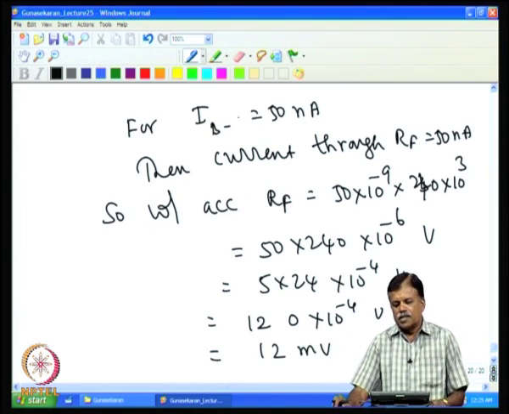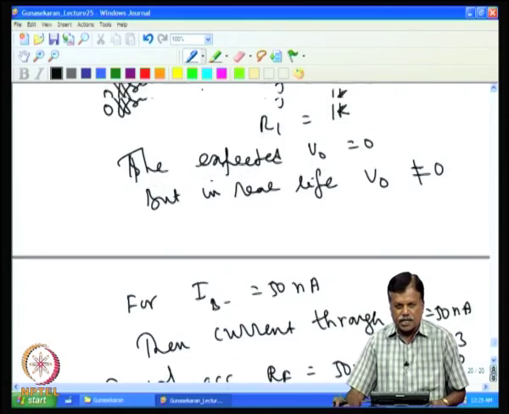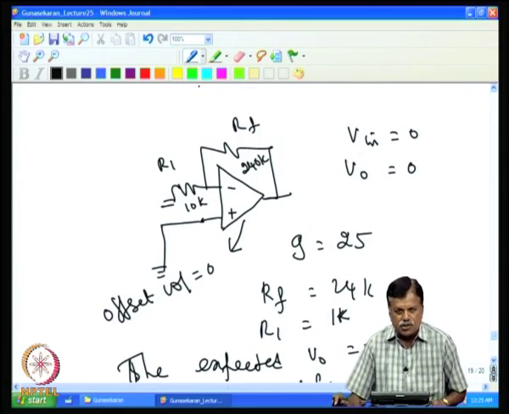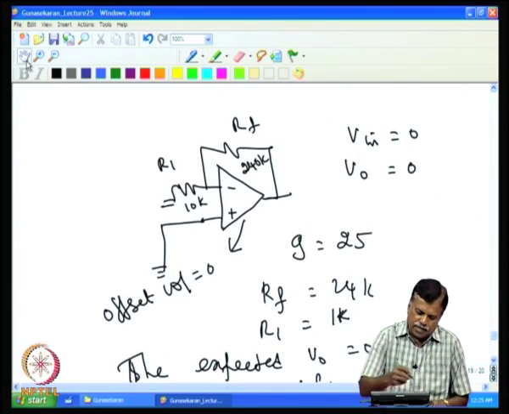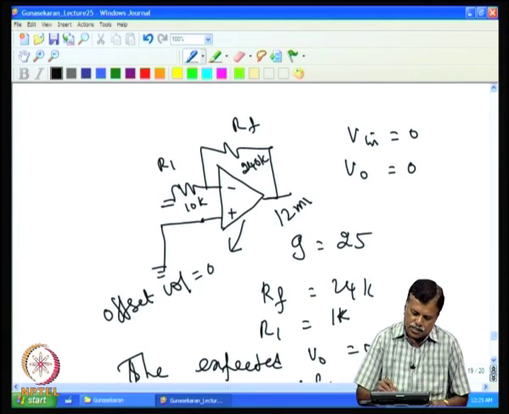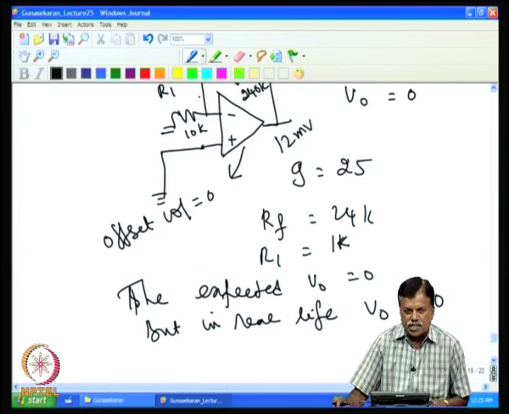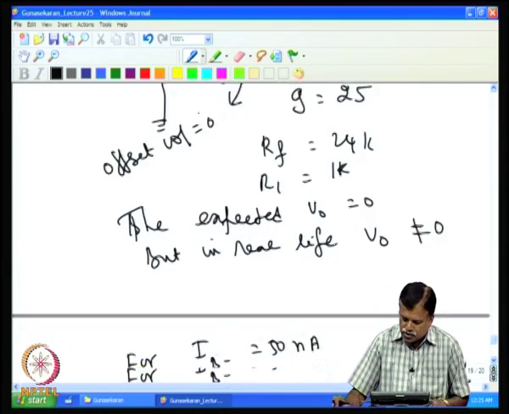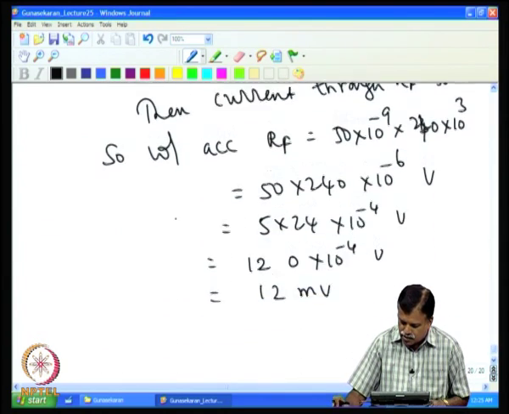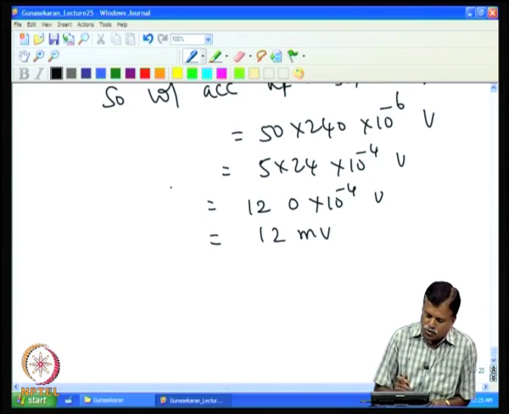That means even though I have taken an op amp with 0 offset voltage, I still get 12 millivolt at the output. This is because the bias current has to flow through this, and without the bias current the op amp is not going to work.